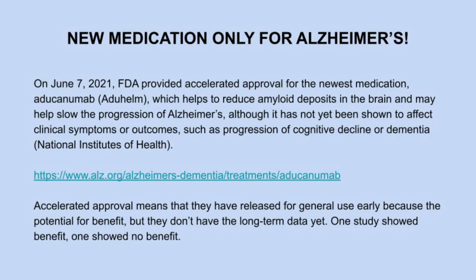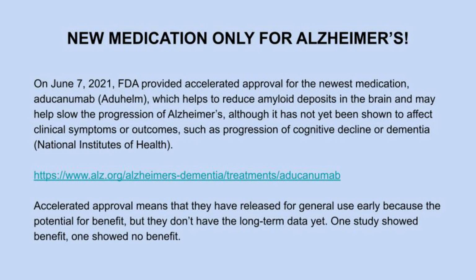So there have been several studies, and one shows that it's not effective and one shows that it is. So this accelerated approval means that they have been released for general use early, because they have the potential for benefit, but they don't have any long-term data yet.